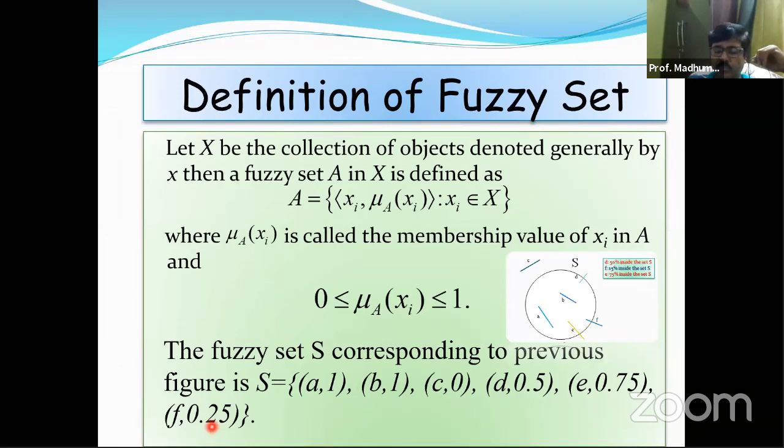One convention is that if the membership value of an element is 0, we generally drop that element. We only consider elements whose membership value is greater than 0 and up to 1, for simplicity, to write the set in a simple form.